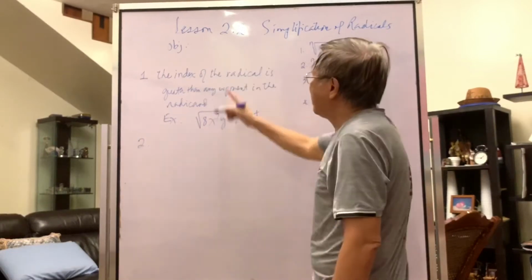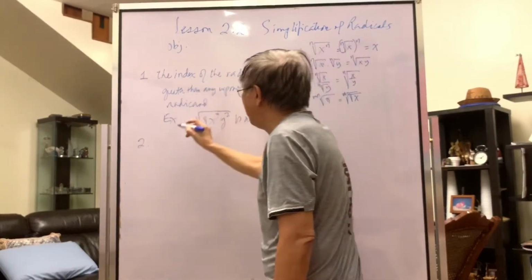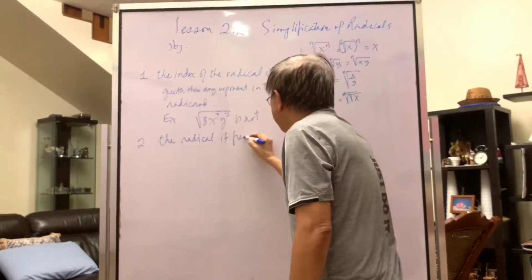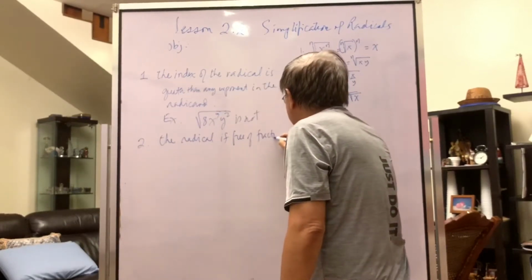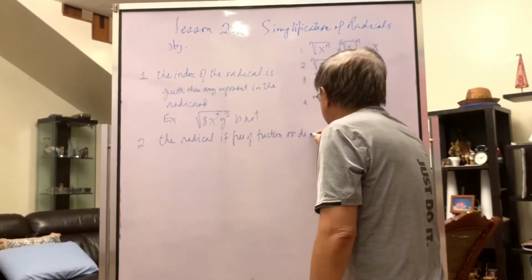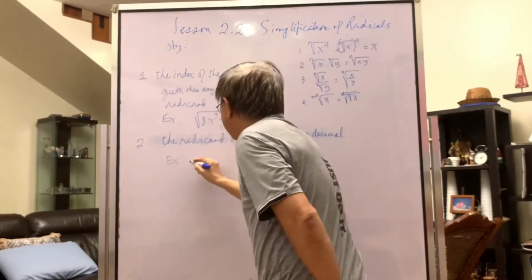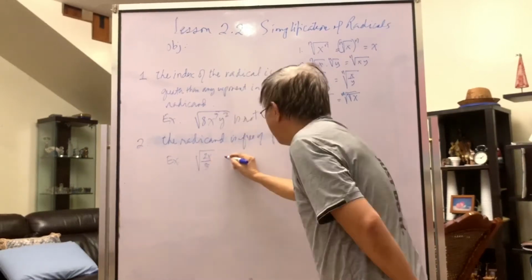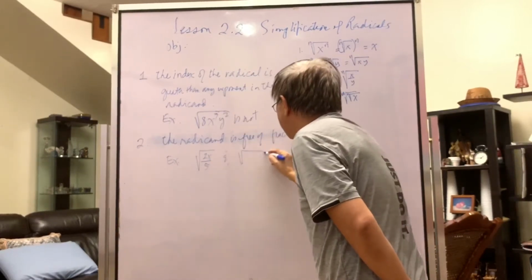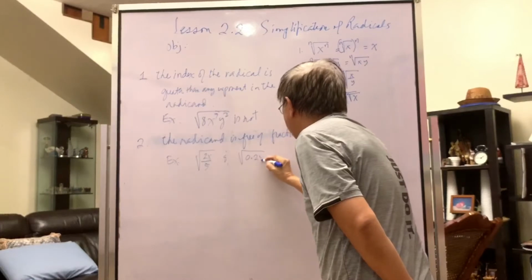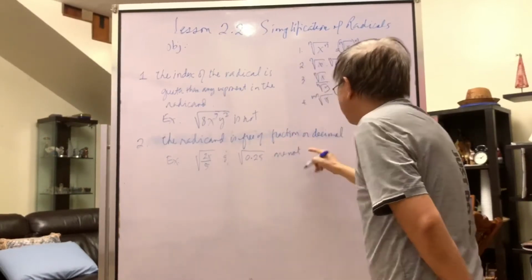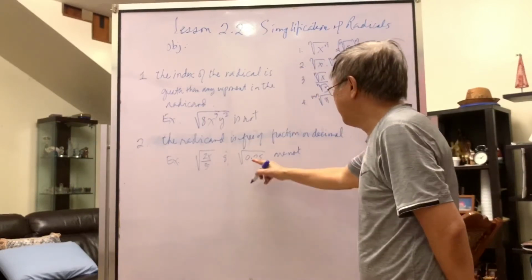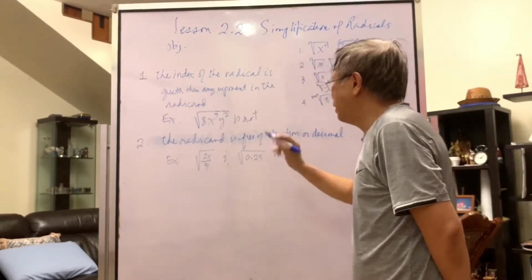Next, a radical is in its simplest form if the radical is free of fraction or decimal. Example, 2x over 5 and let's say 0.25 are not in their simple form because of the presence of this fraction and this decimal.